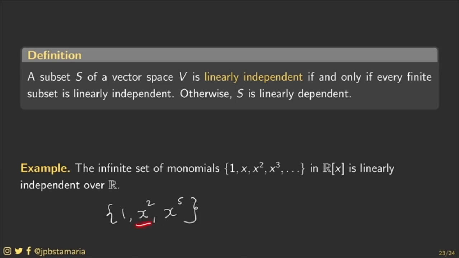The span of 1 only contains all the constants. The span of 1 and x squared contains the polynomials of the form a plus bx squared. Right? In this span, you cannot find x to the fifth. Therefore, this is linearly independent by the previous theorem. In fact, any finite subset of this is linearly independent. Therefore, that is linearly independent.